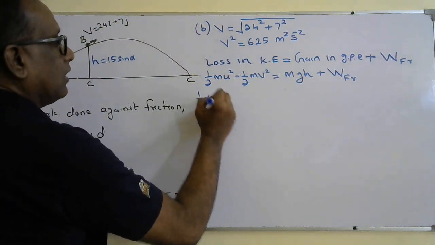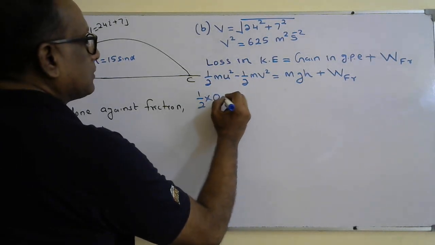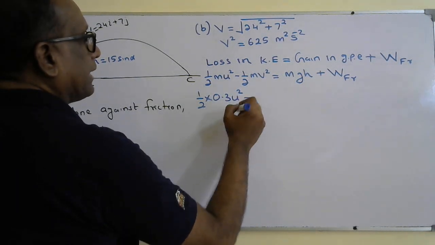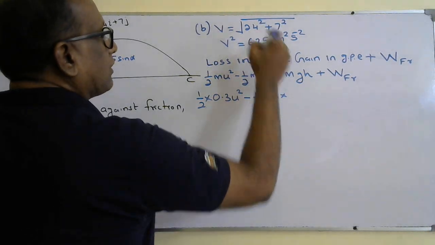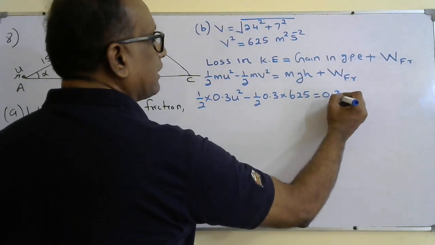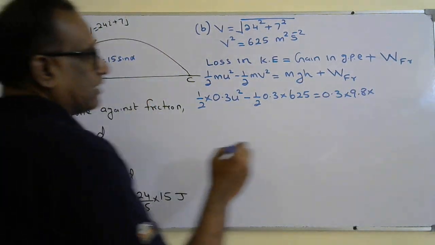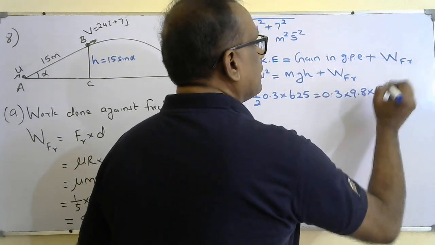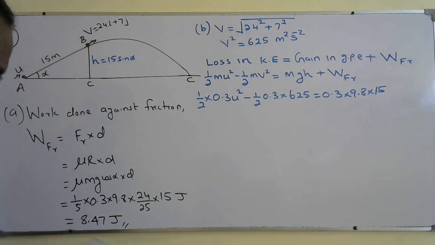So we'll substitute now. Half into, we know the mass, that is 0.3, u squared minus half 0.3 v squared, 625 equals 0.3 times 9.8 times h. h is 15 sine alpha. So sine alpha, again that is the triangle.